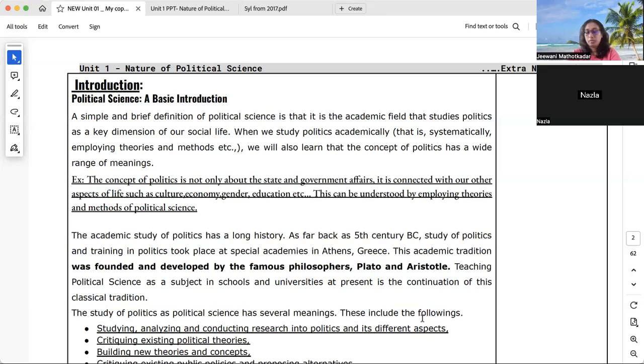Fourth one: Write two things which are included in the study of politics. I'm sending the questions to your WhatsApp as well.